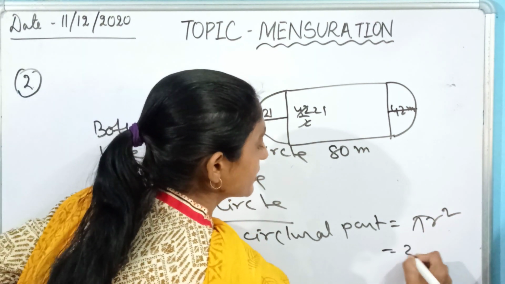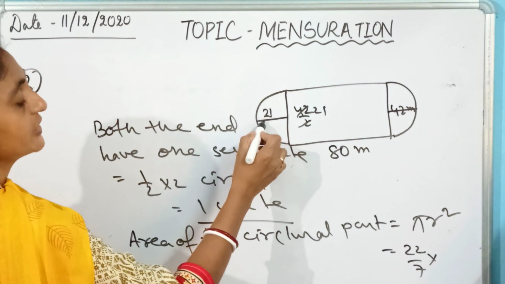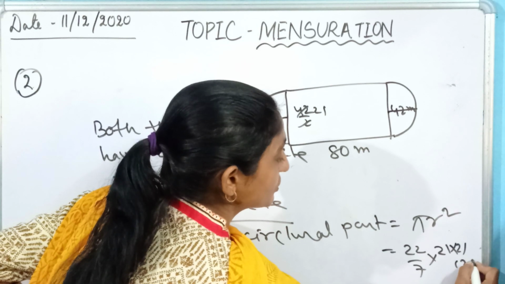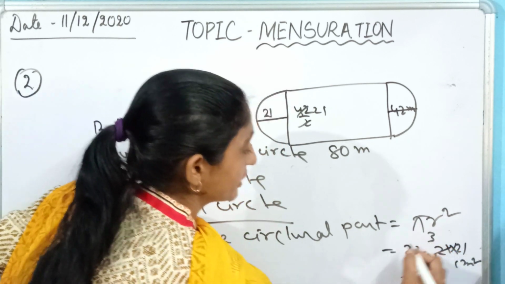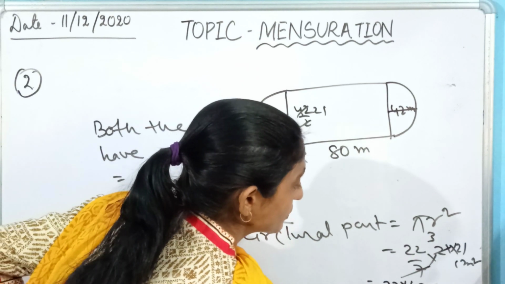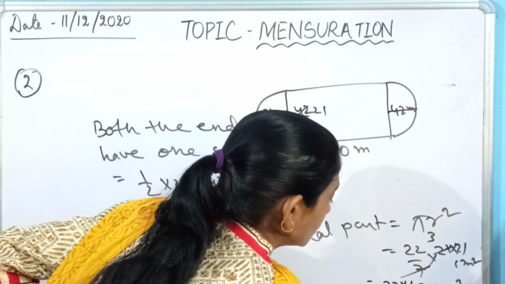Here pi stands for 22 by 7, and the radius we have found is 21. So 21 into 21, in centimeter square. Let's cancel: what we are getting is 22 into 63.